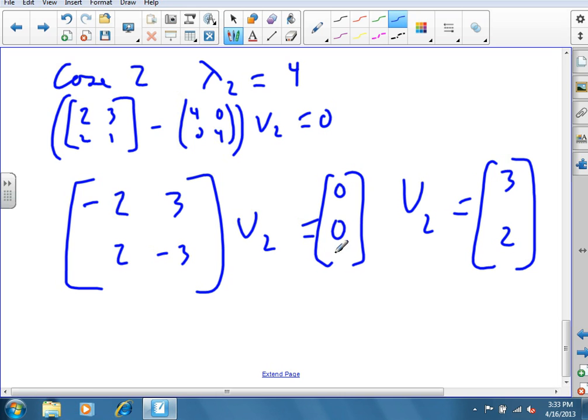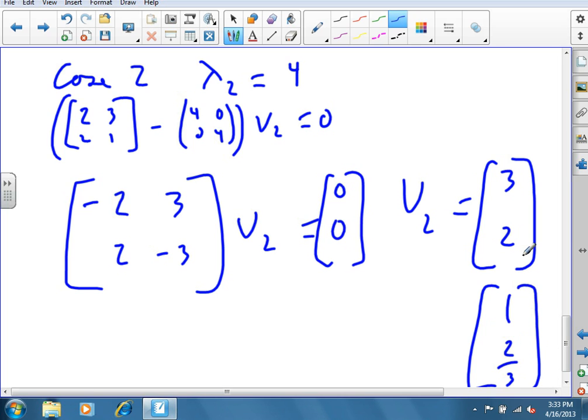Right? So what's the difference between 3, 2 and 1, 2/3? I mean, they both work, right? Normally what we do is we make them whole numbers, make them as easy as we can. But there's an infinite number of solutions to my problem, is what I'm telling you.